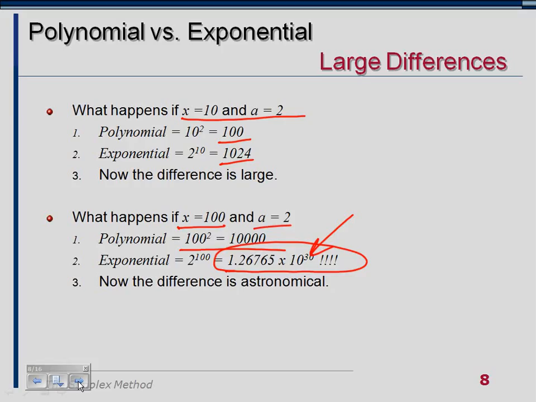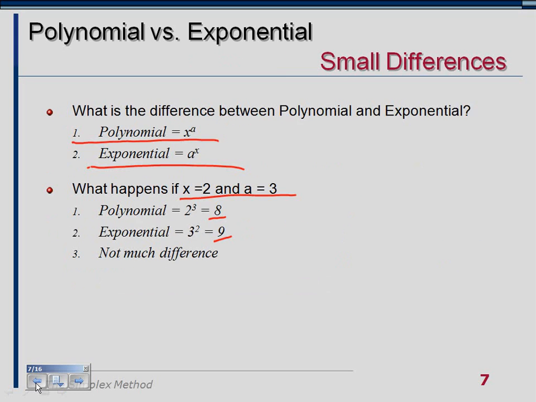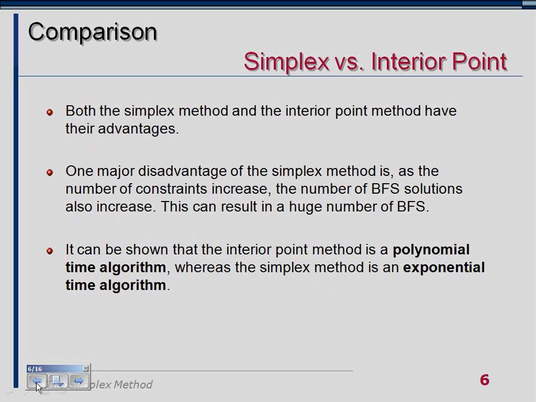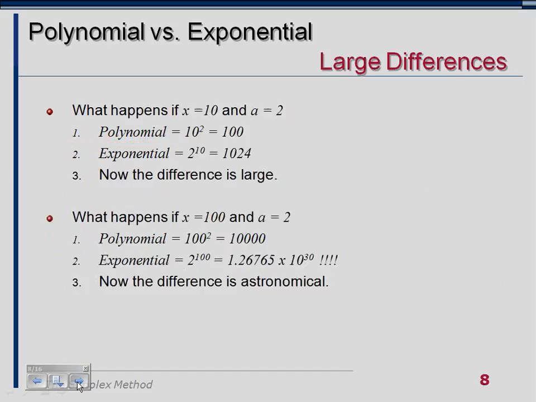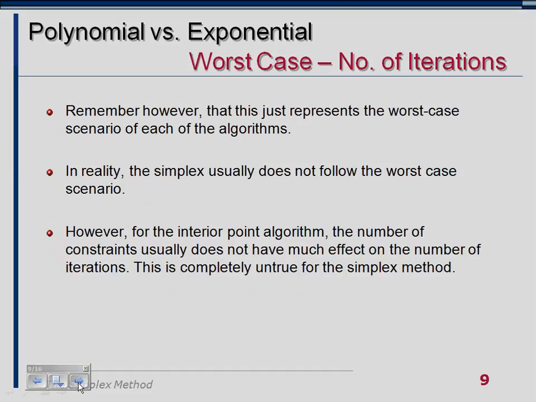All right? So this is why this is important, because when you're dealing with really large problems, the interior point method is a polynomial time algorithm, and the simplex method is an exponential time algorithm. Now, we don't need to know why, but this just represents the worst case of each algorithm.